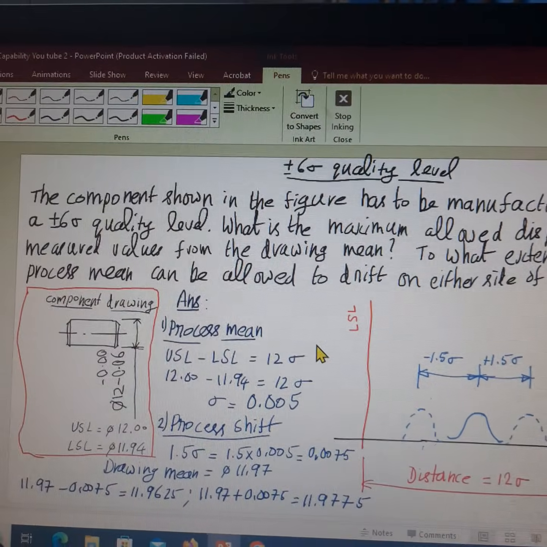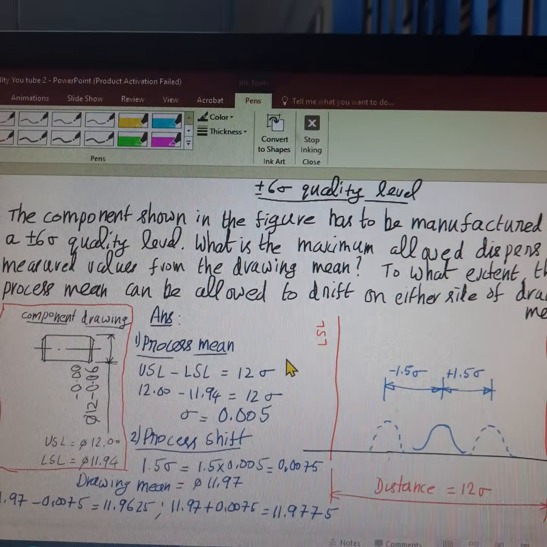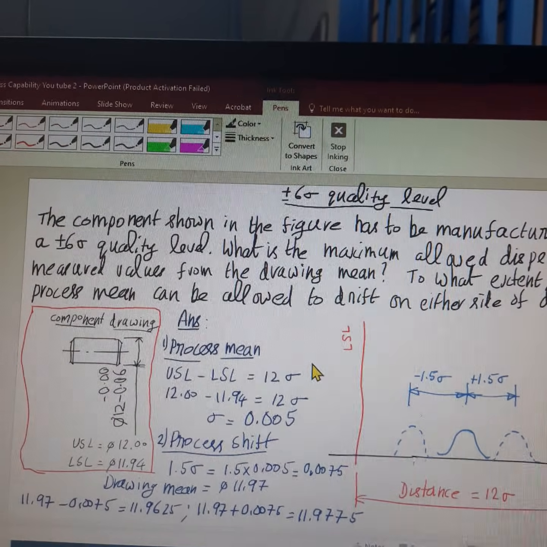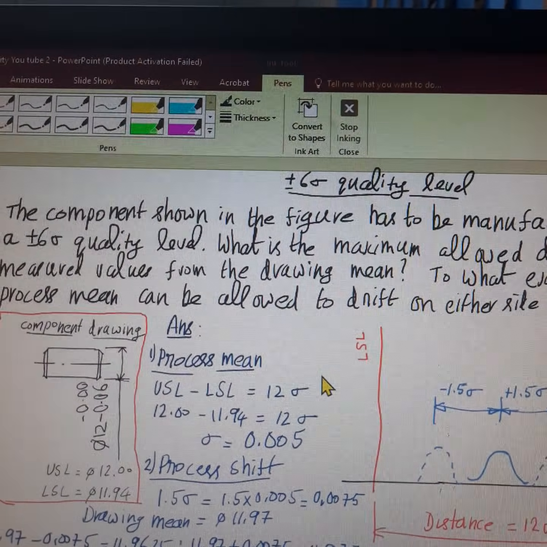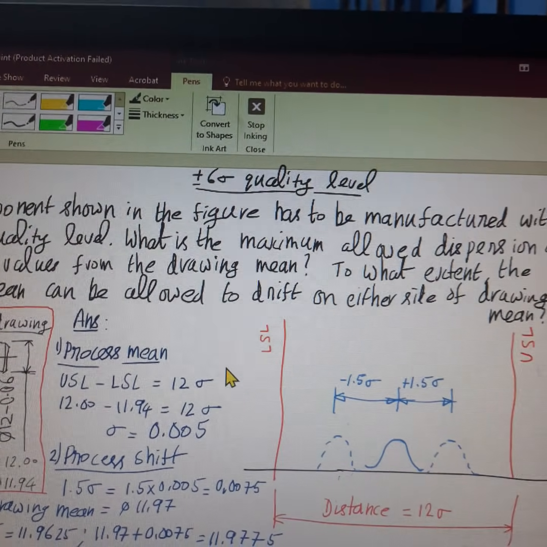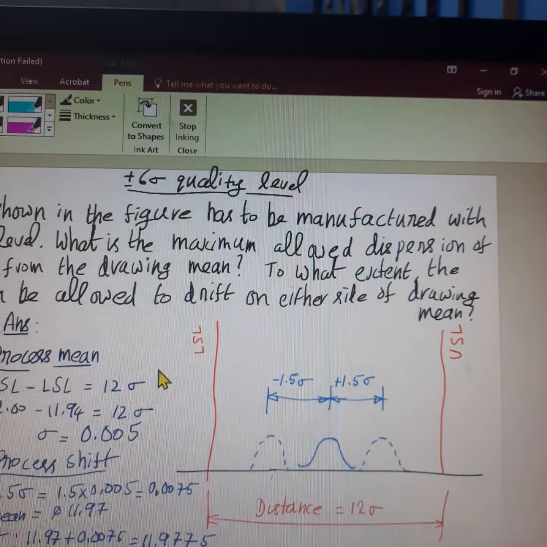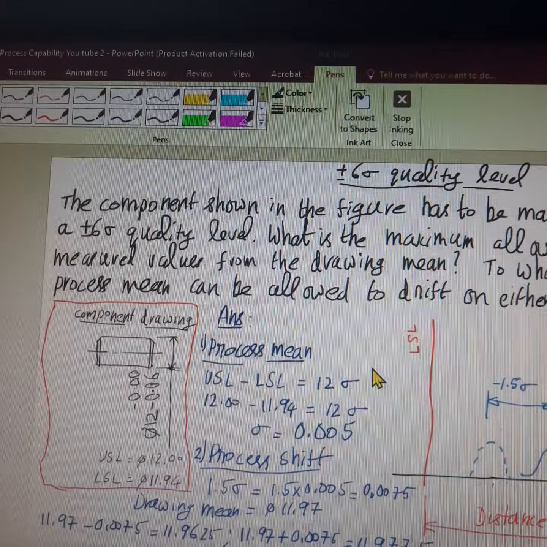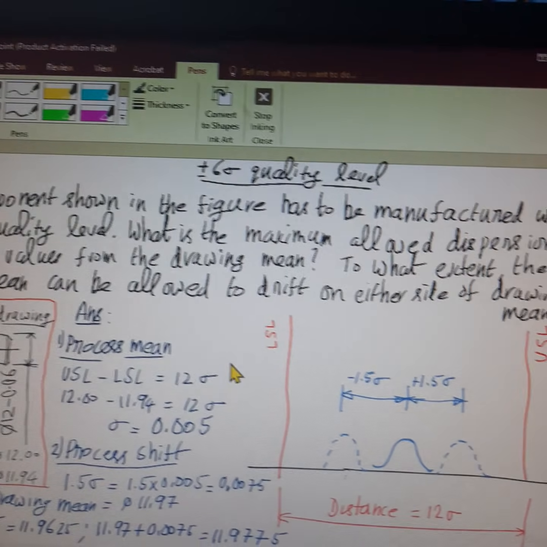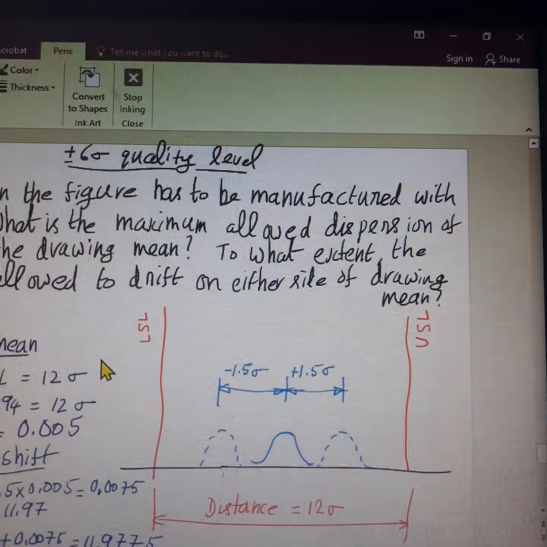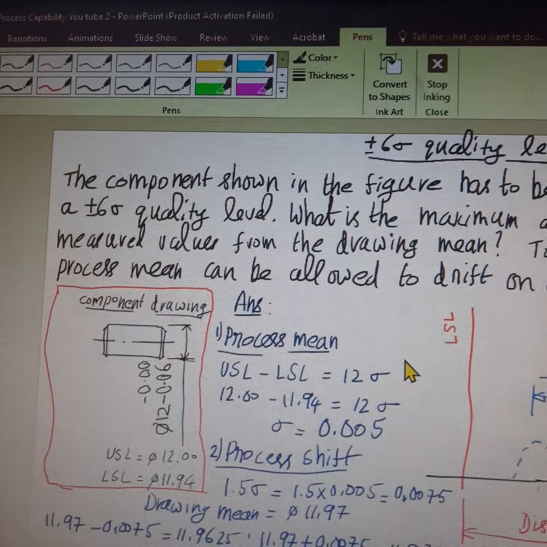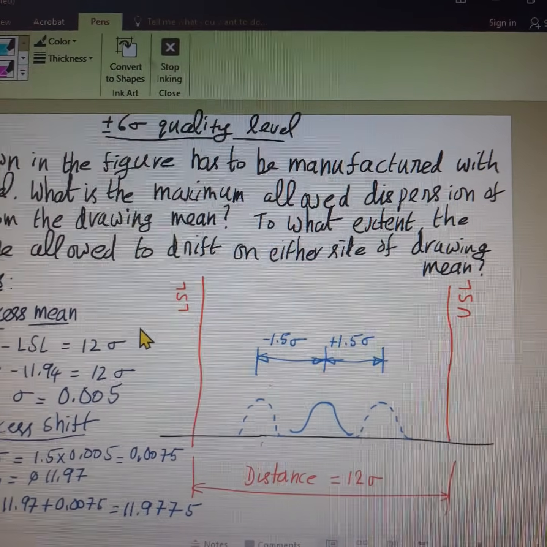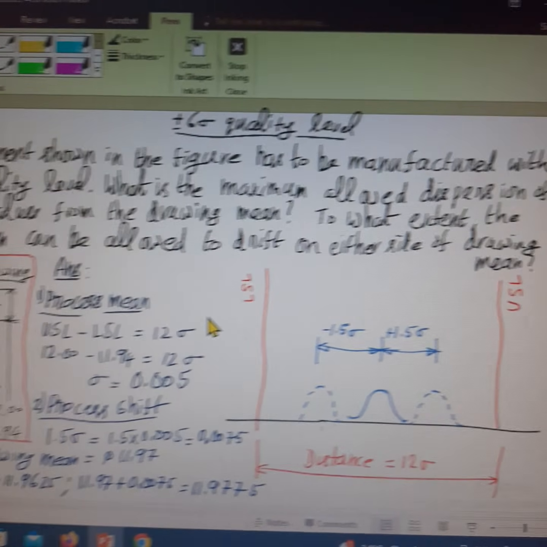The component shown in the figure has to be manufactured with a plus or minus 6 sigma quality level. What is the maximum allowed dispersion of the measured values from the drawing mean? To what extent can the process mean be allowed to drift on either side of the drawing mean?